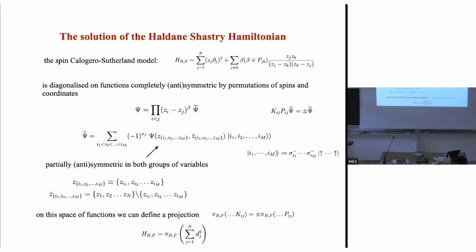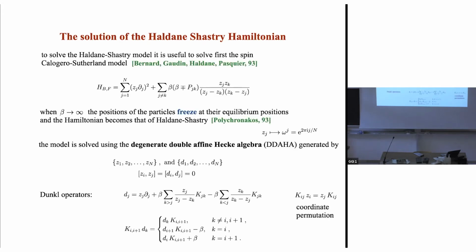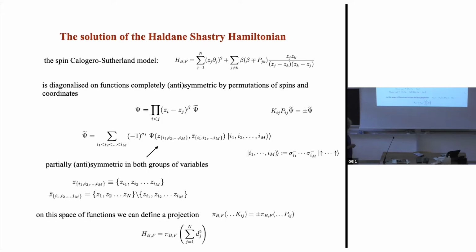What is nice about these operators is that we know what their joint eigenvectors are, and they are called the non-symmetric Jack polynomials. So we can use this information to solve the model.